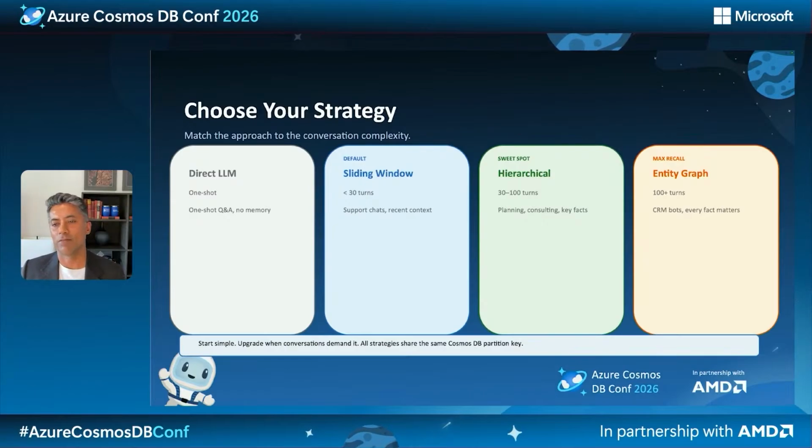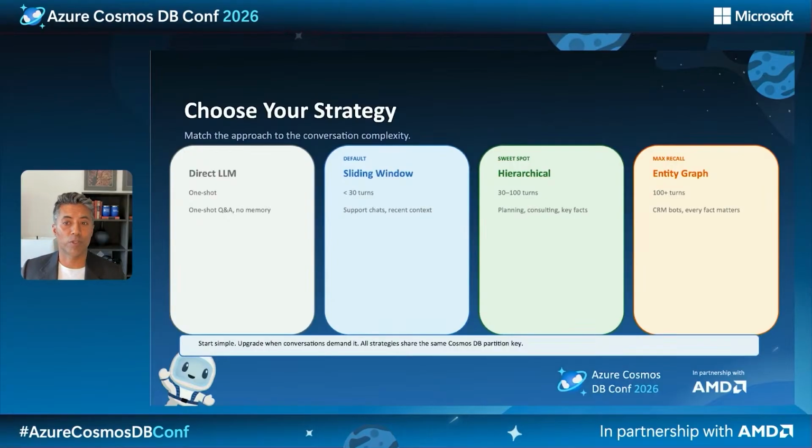And then entity graph, for example, you have your CRM bot or something where every fact matters. Like you don't want a response with a financial number that's actually not correct, and it can also scale to way more than 100 turns, because at the end of the day, you're really getting the fact correctly.